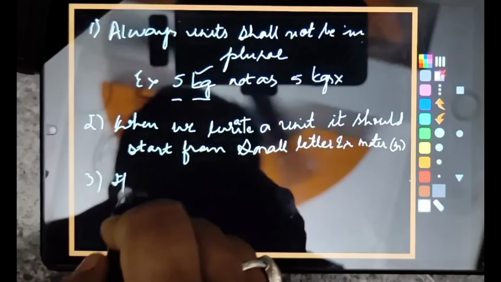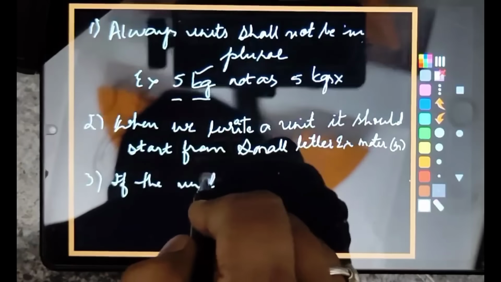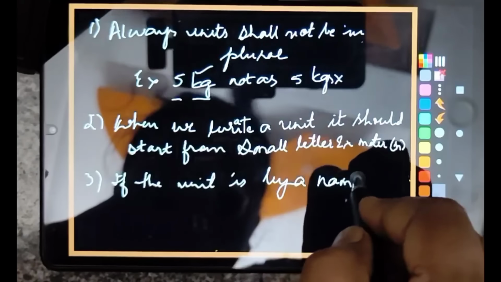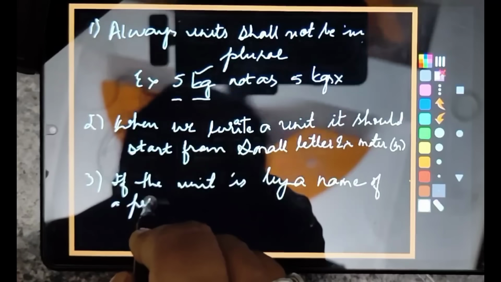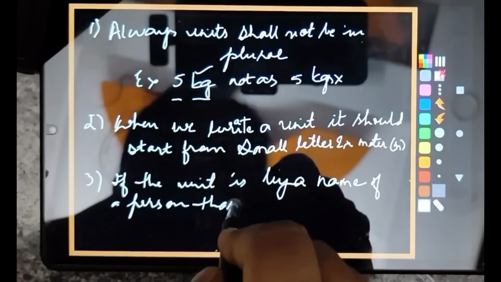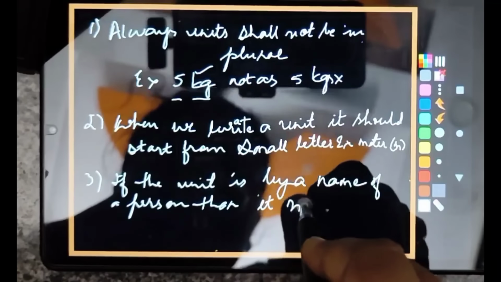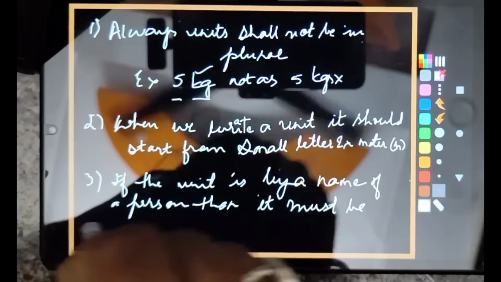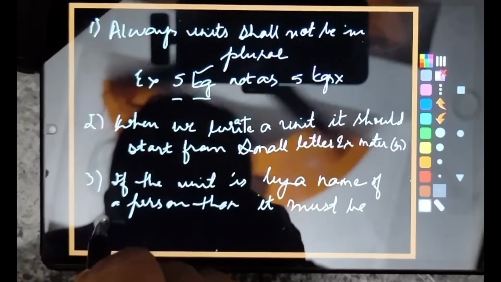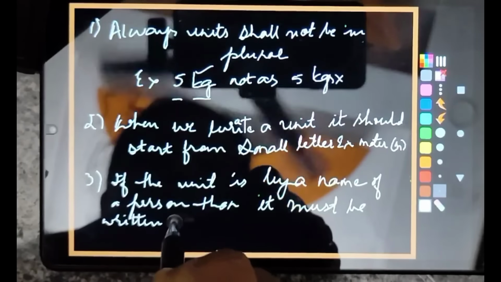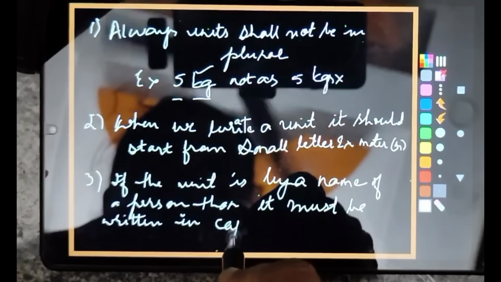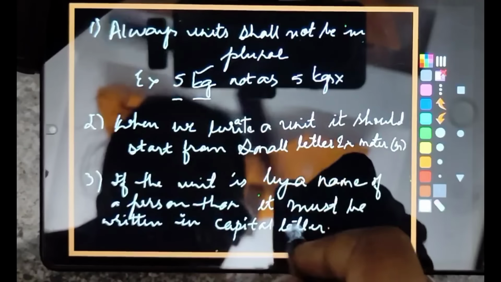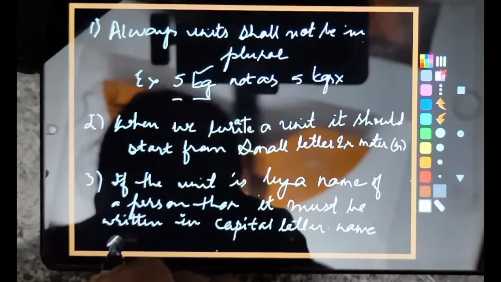And if the unit is named after a person, then it must be written with a capital letter, and the rest of the name in small letters.